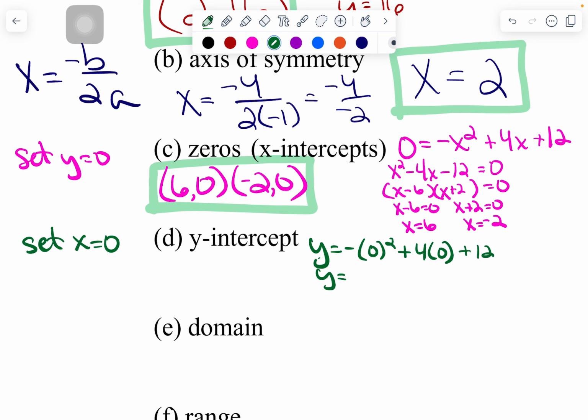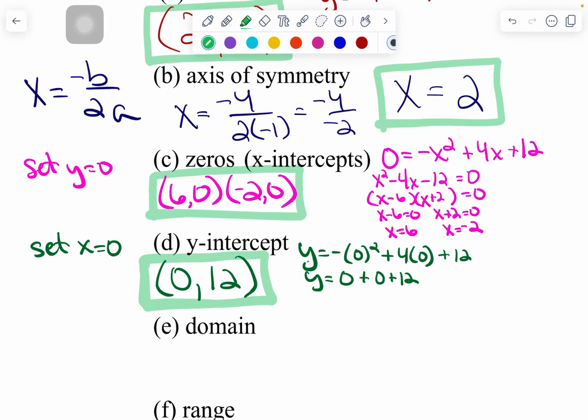So 0 squared is 0, make it negative. Hey, it's still 0. 4 times 0 is 0, and then, whoops, I said 0, I write 4. I make mistakes sometimes. All right, but I hopefully fixed that one. So 0 plus 0 plus 12, we're going to have a y-intercept of (0, 12). Sometimes I go too fast.